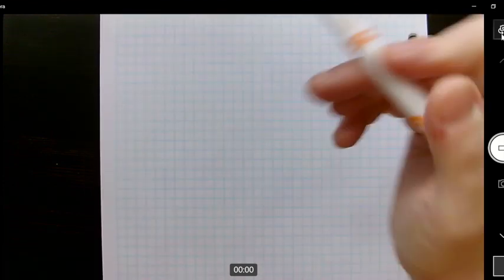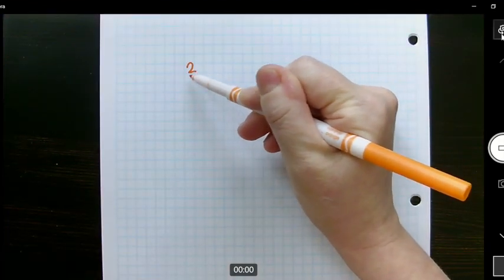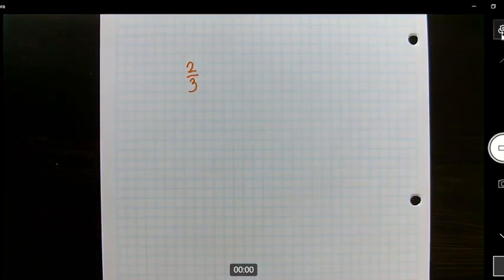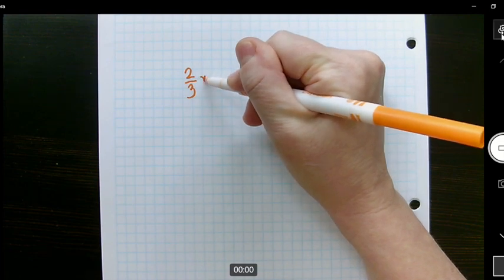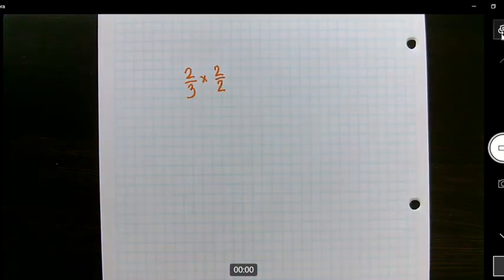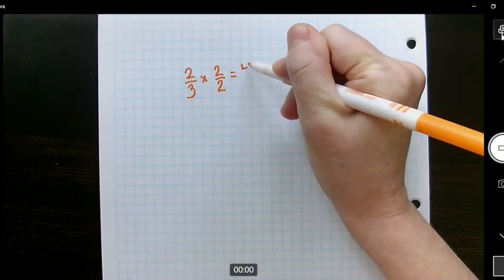Well, in fractions, we have learned that in order to make an equivalent fraction, we must multiply the numerator and the denominator by 1 in the form of a fraction. And we've been doing a lot of practice with this lately. Okay, so for example, if Miss Breen multiplies the numerator and the denominator by 2, 2/3 is the same thing as 4/6.